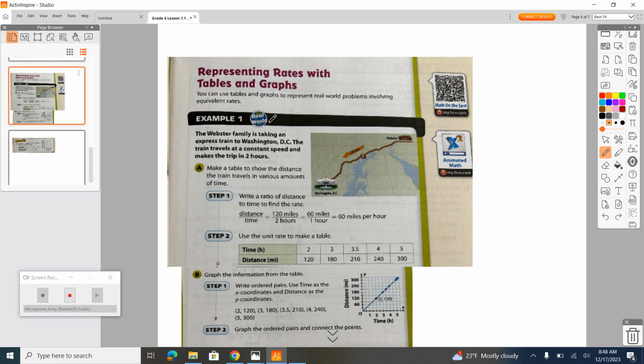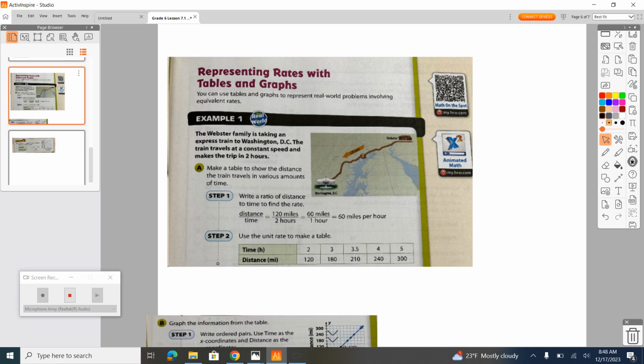And we're going to do this problem with a table here, problem A, and then B with a graph. The Webster family, so what I'm going to do is I'm actually going to move this out of the way for a second. The Webster family is taking an express train to Washington, D.C. The train travels at a constant speed and makes the trip in 2 hours. They're going to help you here.